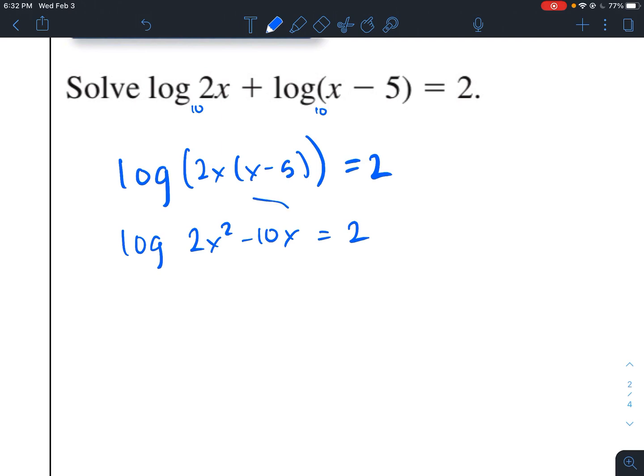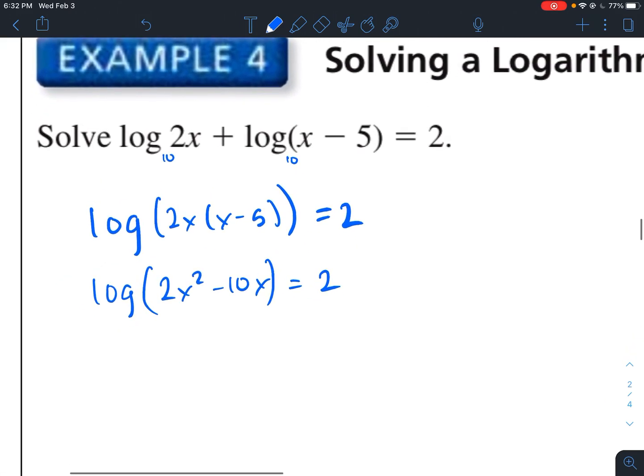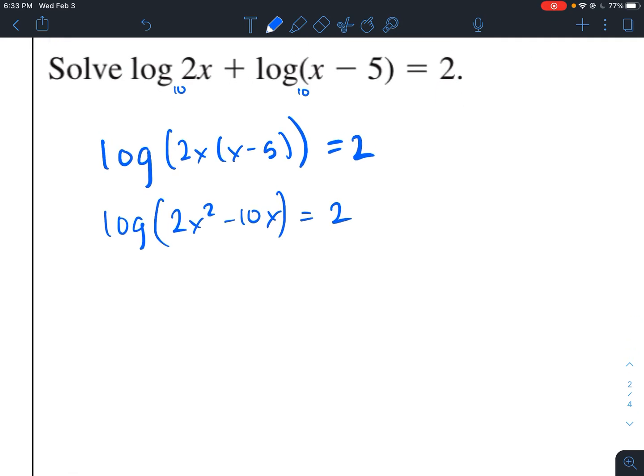So now I only have one logarithm: the log base 10 of 2x squared minus 10x equal to 2. Now I want to use an inverse property.